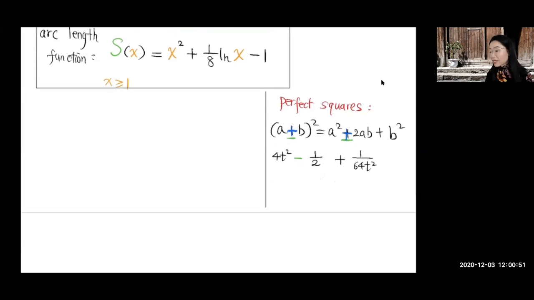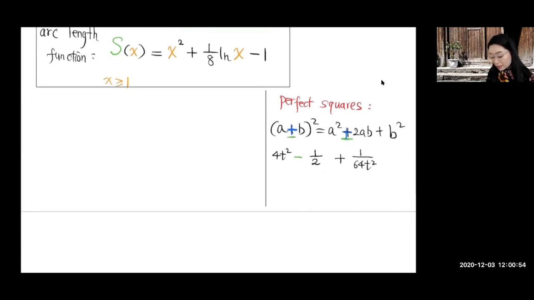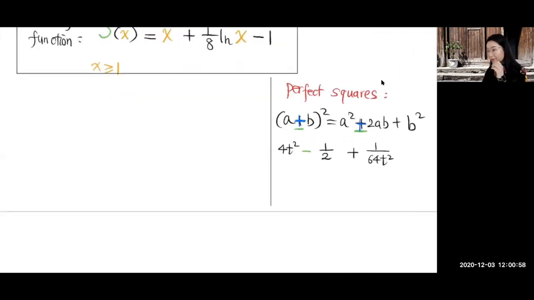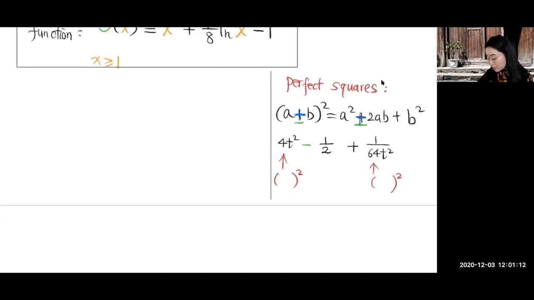How can I recognize it's a perfect square? So first we look at this. The first one here is a square, and the last one is also a square. The first one is a square of 2t. The last one is a square of 1 over 8t.